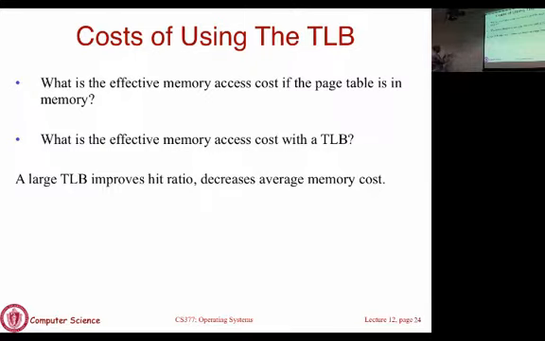So effectively, the memory access is going to tend towards this, because this expression is going to tend to 1 in the limit. Your effective memory access is going to look like that when you have a high hit rate, which is basically you just do a TLB lookup, which is very fast, and then you do the memory access. So you are going to trend towards TLB plus MA as the probability of a miss trends towards 0. Because as it trends towards 0, this expression becomes very small and this expression dominates.